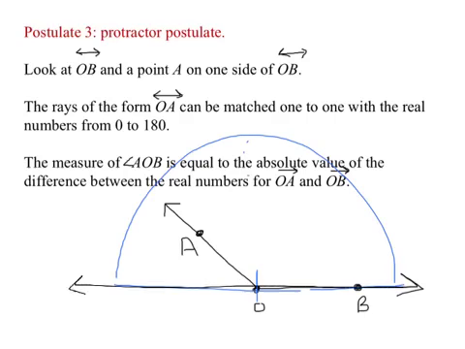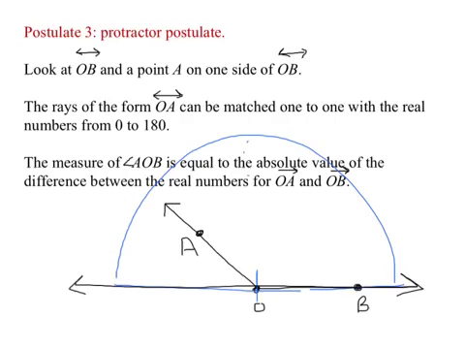Line OB. Remember, a line has 2 arrowheads, one at each end. So look at line OB and point A on one side of OB. The rays of the form OA can be matched 1 to 1 with the real numbers from 0 to 180.